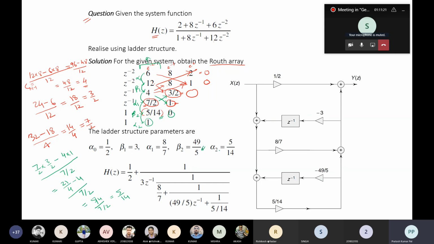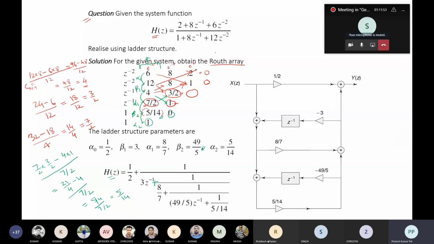So once we have found out these coefficients, we can expand H of z as 1 by 2, the first term, plus 1 by, what is the coefficient, that is 3 into z to the power minus 1, and this is plus 1 upon the alpha 1 value 8 by 7 plus 1 upon whatever the coefficient, that is 49 by 5 into z to the power minus 1 plus 1 upon the coefficient value, the alpha 2 value 5 by 14.